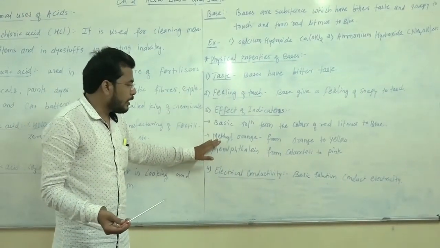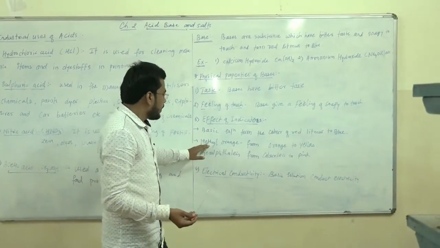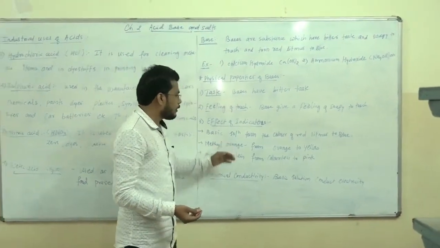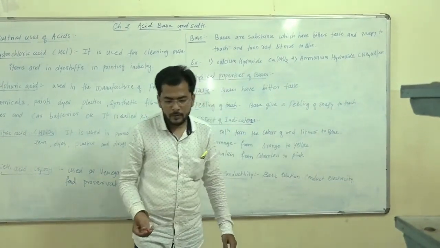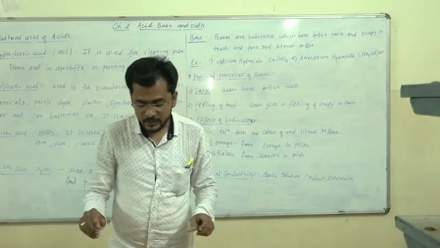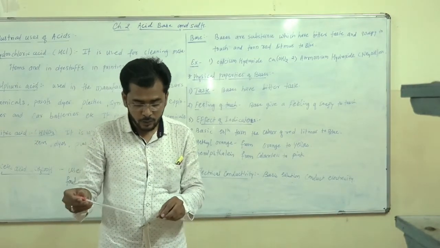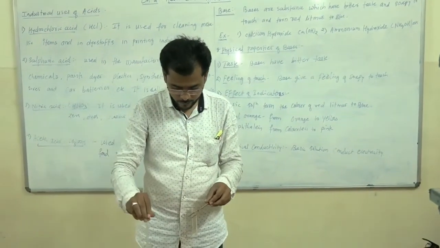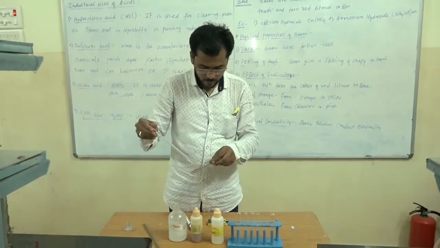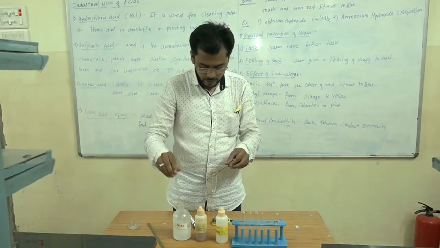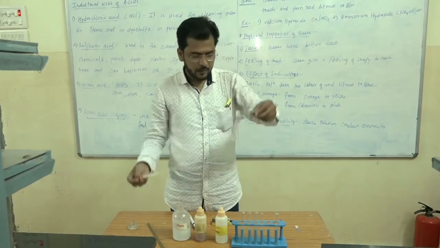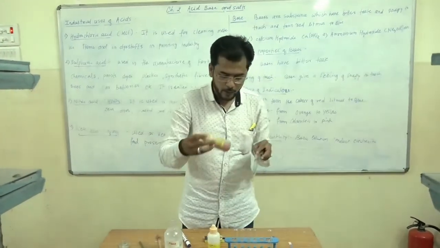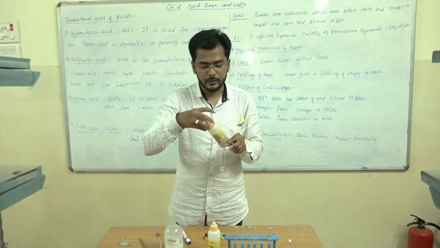What about methyl orange? Whenever in a basic medium, methyl orange changes its color from orange to yellow. We have to see whether this is giving a change in color. See the color of methyl orange.